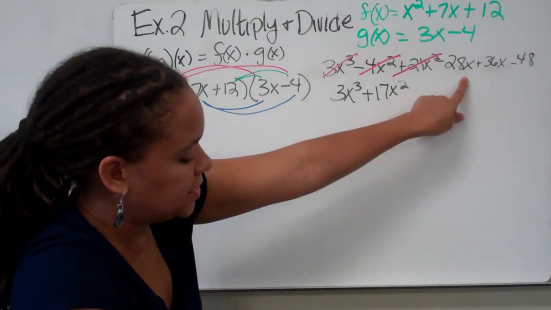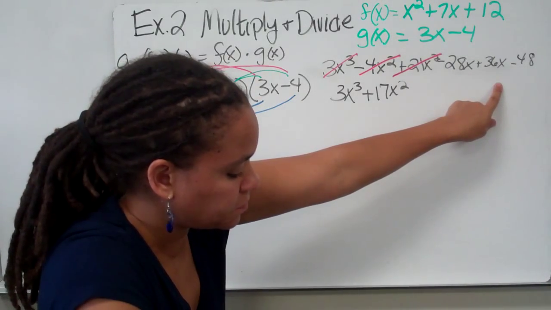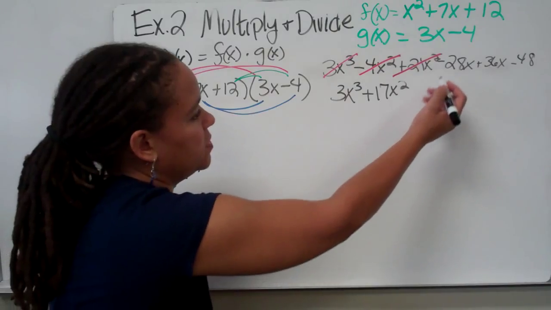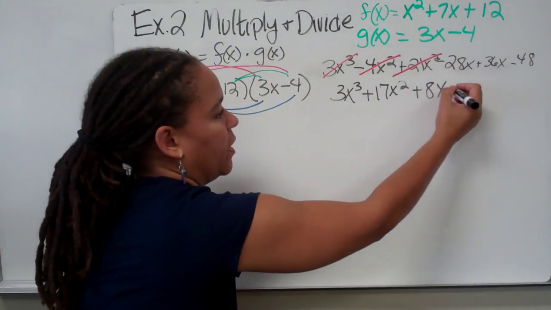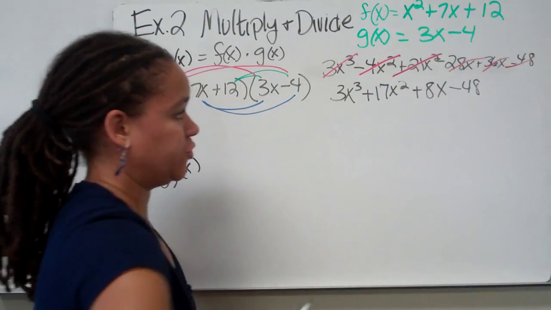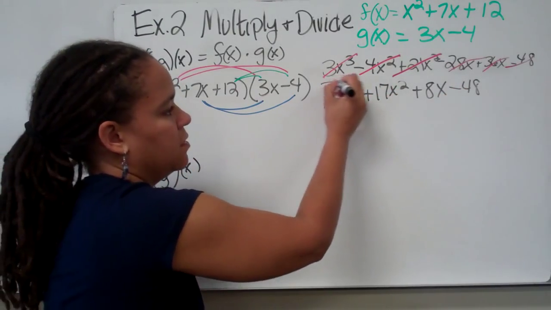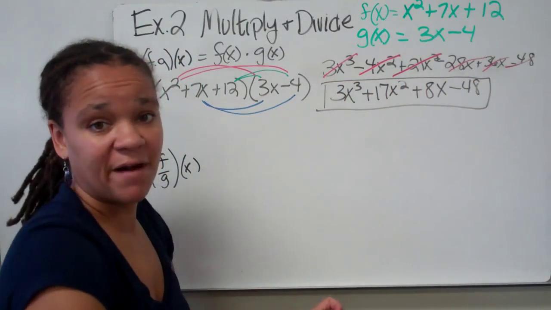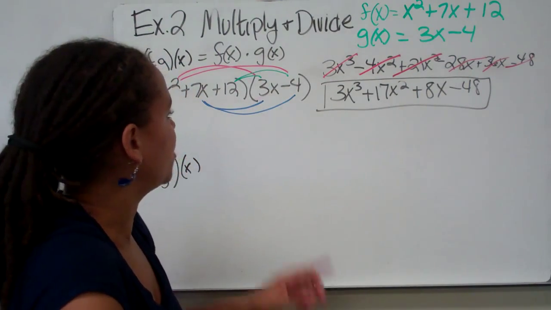What's next? I have x's. I have negative 28 and 36. So I'm going to be left with 8 of those. And then, of course, I have my minus 48. So now I've taken care of each term. I have a cube, squared, x, and a constant. That would be my final answer. So just keep in mind when you multiply, everything has to be multiplied by each other.